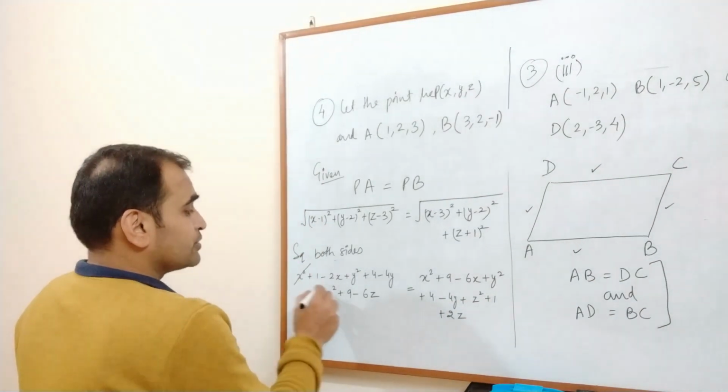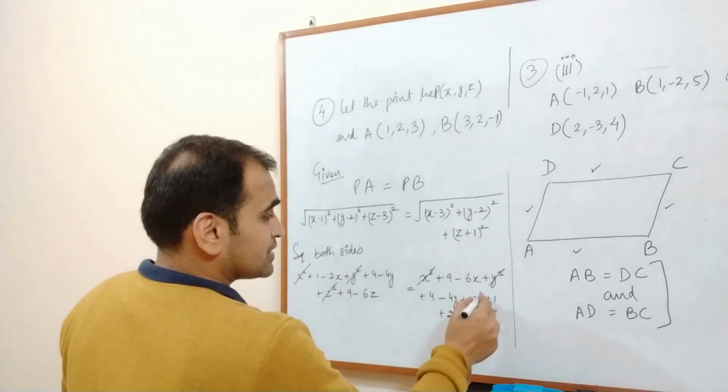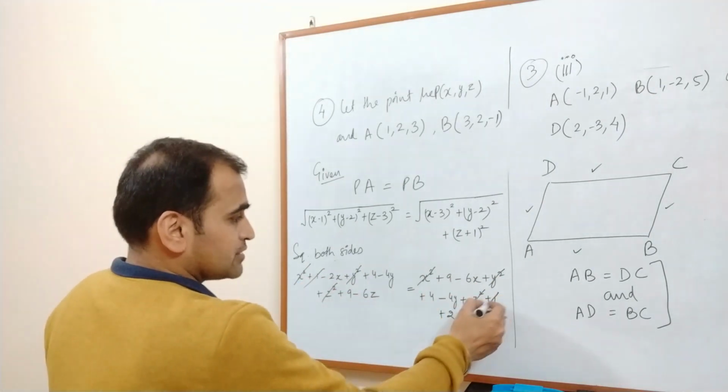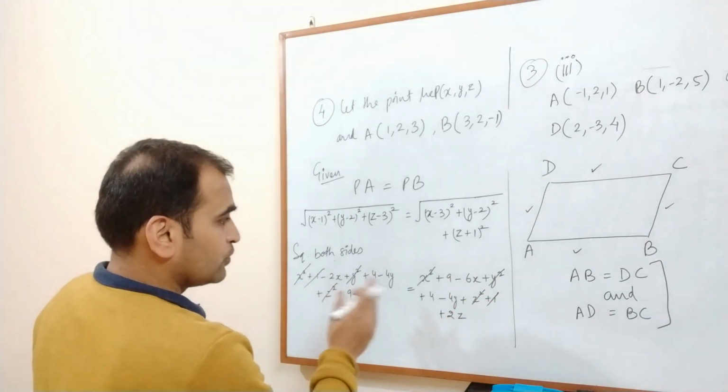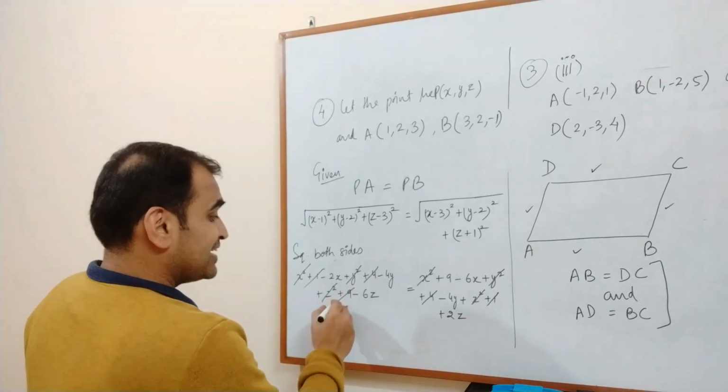Now we can cancel out the similar terms from both sides. So x squared, y squared and z squared are cancelled out, and the 4 is also cancelled out, and this 9 is also cancelled out.